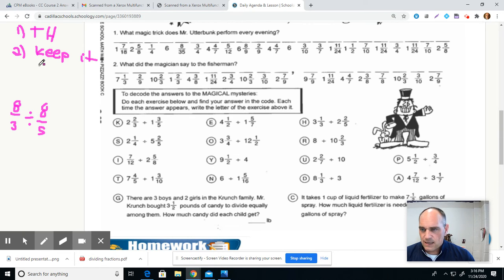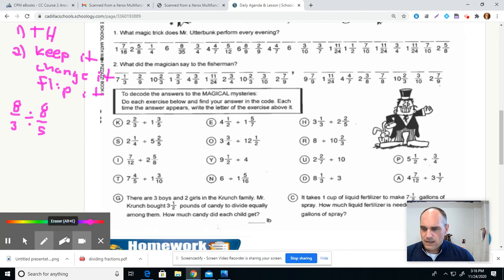And then the second step is we're going to change it. So we keep it, we change it, and the last thing we are going to do is flip it.